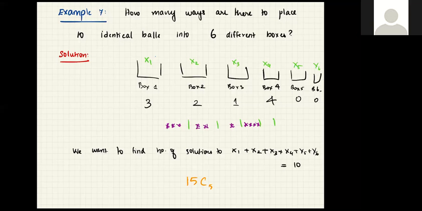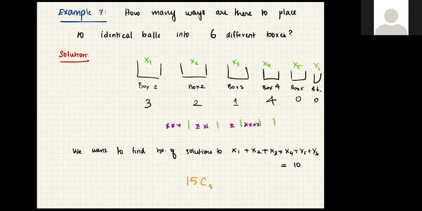Okay. Any other questions? In the same question, you have this equation right at the bottom, x1 plus x2 and so on. What happens if x1, x2, etc. can't take the value 0?